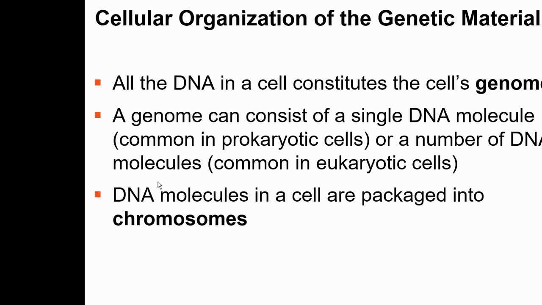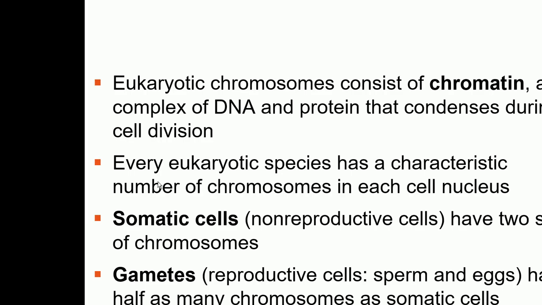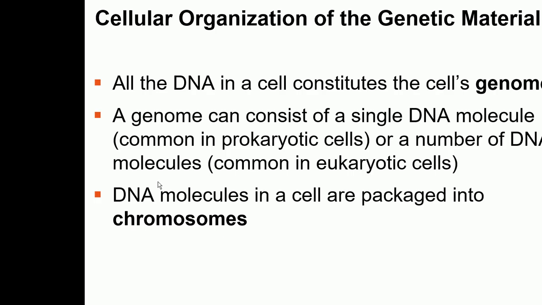Now here are two very important terms: one is chromatin and another is chromosomes. I want all of you to understand what chromatin means and what chromosomes mean. As I said, the whole DNA in our cell is called the genome, and this DNA is wrapped over the proteins.